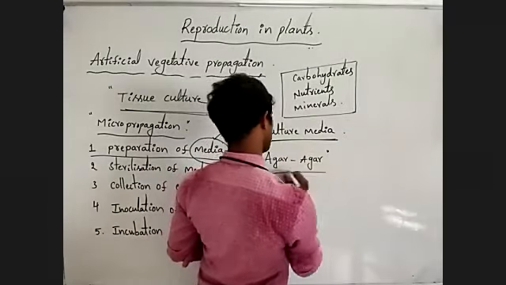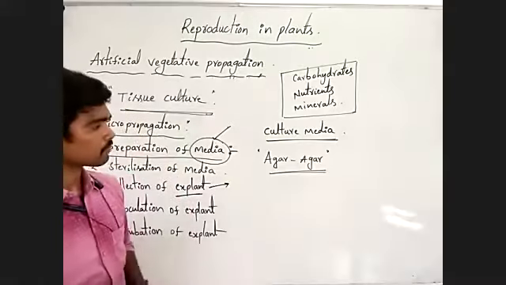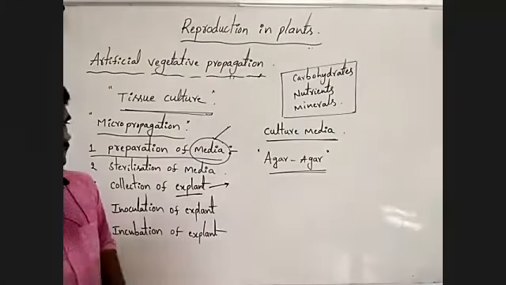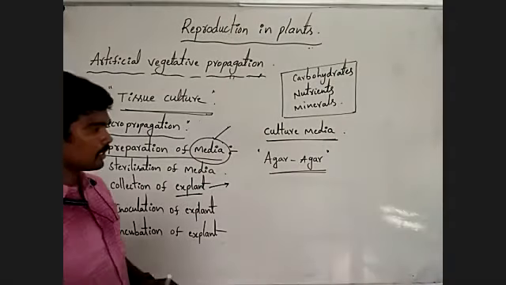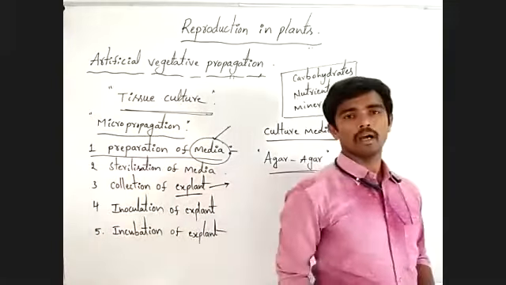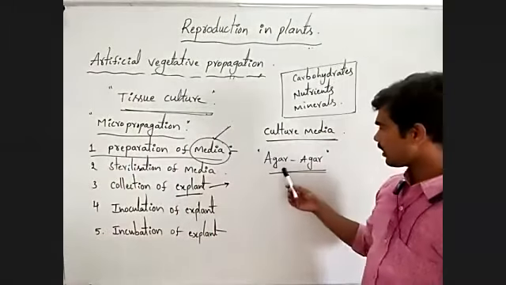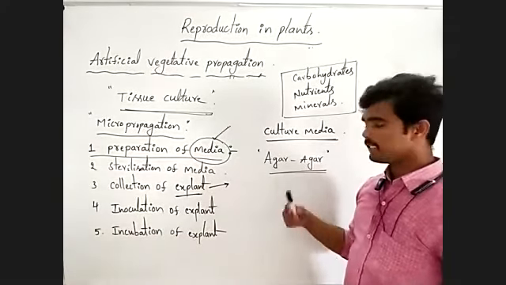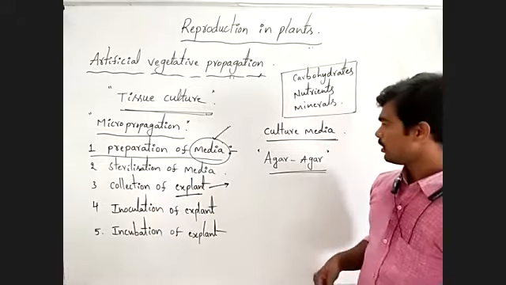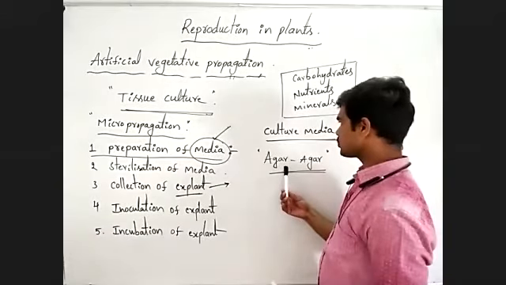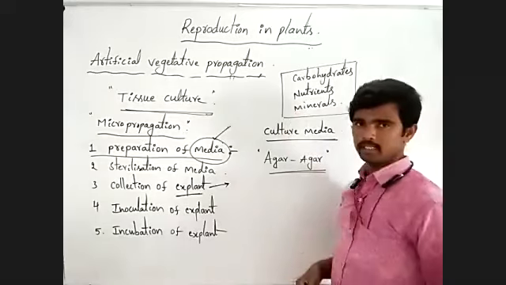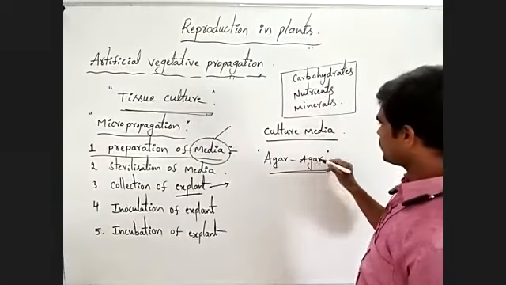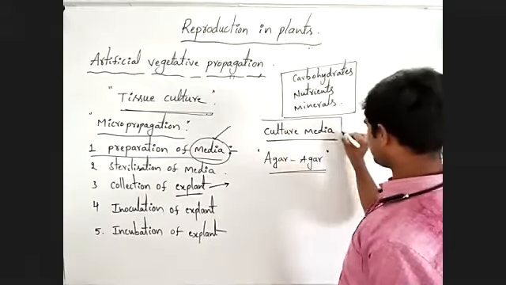Agar is a type of solidifying agent. Gracilaria and some other algae produce agar, a type of carbohydrate. Then by using all these materials, culture media is prepared.